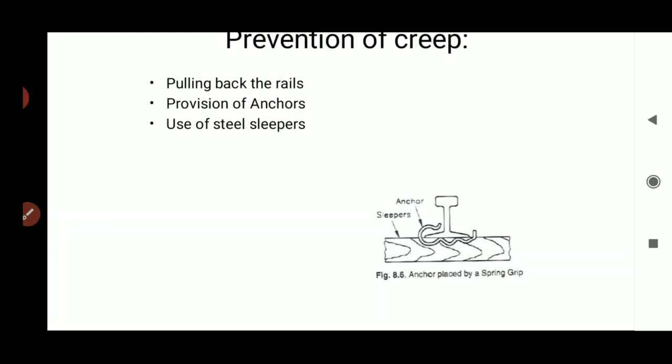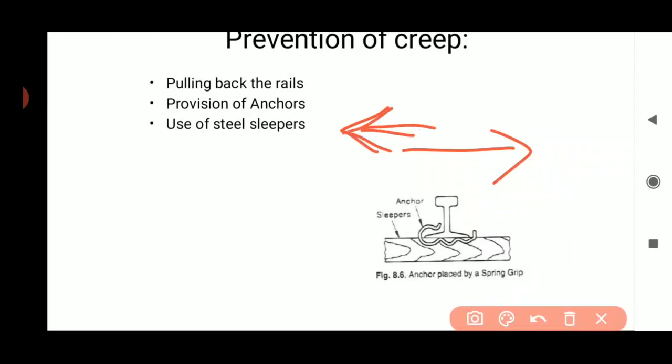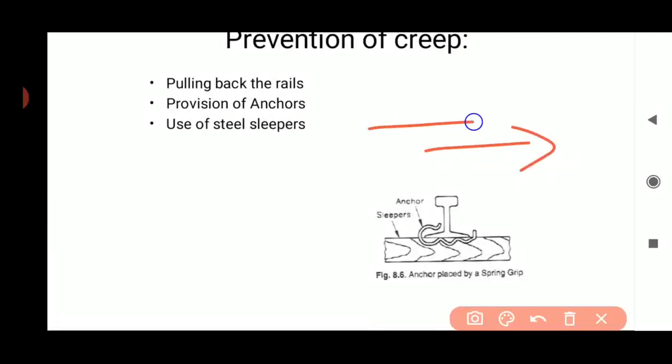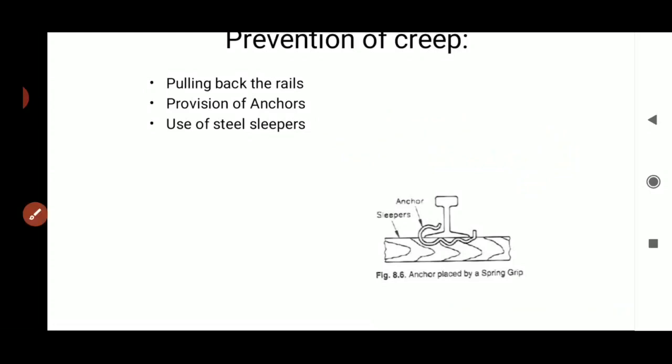So if the creep is occurring in this direction, then we will give the anchor in its opposite direction, and if the creep is occurring in both directions, then we will give the anchor in both directions.